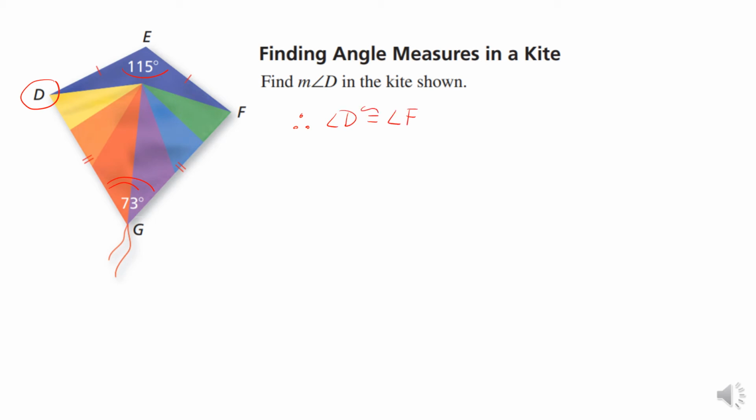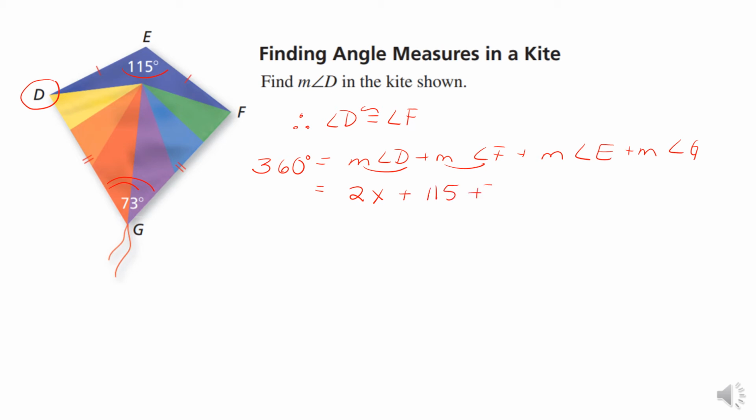Now we know that a quadrilateral's angles add up to 360 degrees. So the measure of angle D plus the measure of angle F plus the measure of angle E plus the measure of angle G all add up to 360. D and F are the same, so we're just going to call them 2x. Angle E is 115, and angle G is 73.